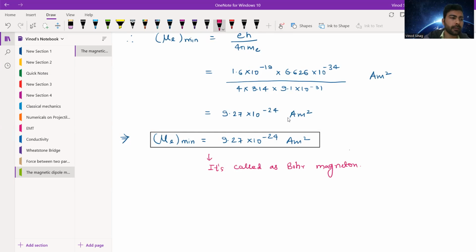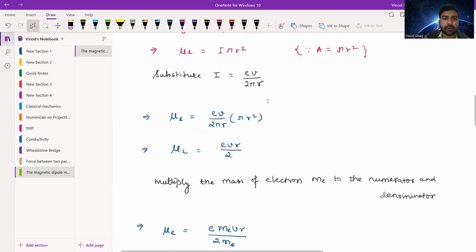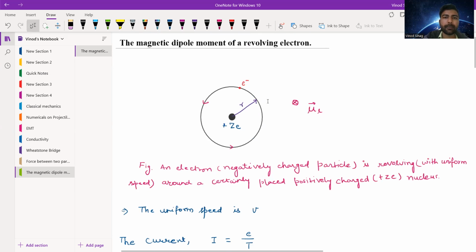Okay, so this is all about the magnetic dipole moment of a revolving electron. Here we started with one electron revolving around a nucleus of positive charge e. Because of that, there was a current flowing opposite to the motion of the electron, that is in the clockwise direction.